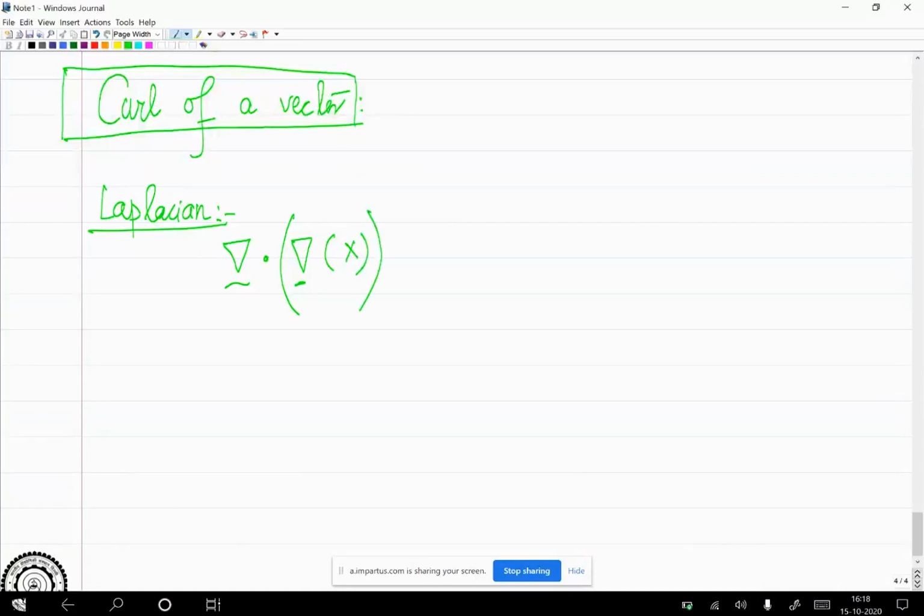The Laplacian is denoted by this triangle, which is not inverted. As you can see, the Laplacian does not change the order of a tensor, because we first do the gradient, which increases the order, and then the divergence, which decreases it.